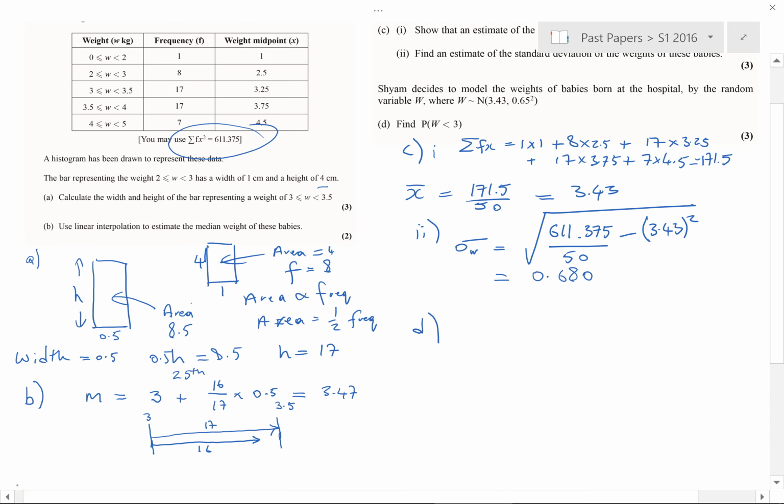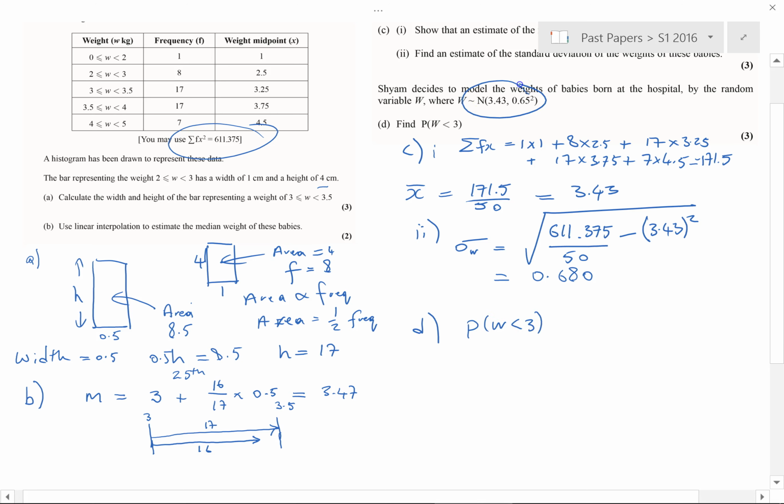Okay, part D is normal distribution. Looks pretty standard stuff really, no pun intended. We've got P(W less than 3).